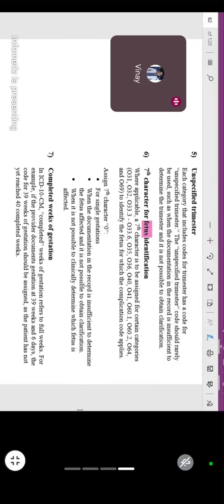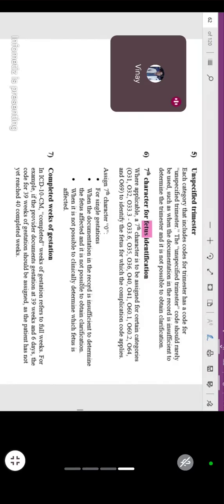In those, the final or seventh character talks about the fetus. This is mostly for multiple pregnancy, and this is for fetus complication. As I told you, if the fetus has a heart rate problem, then it will come under this category.